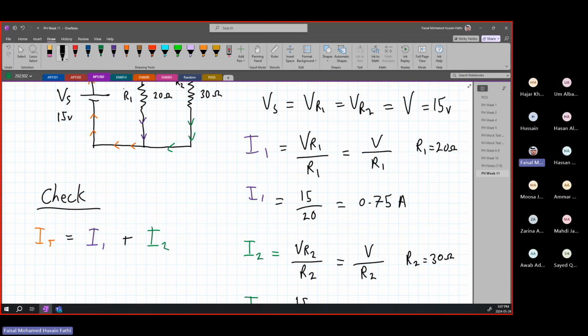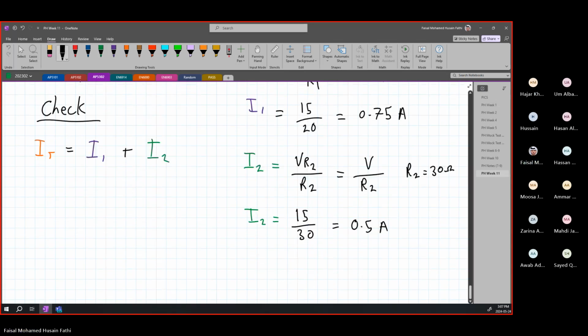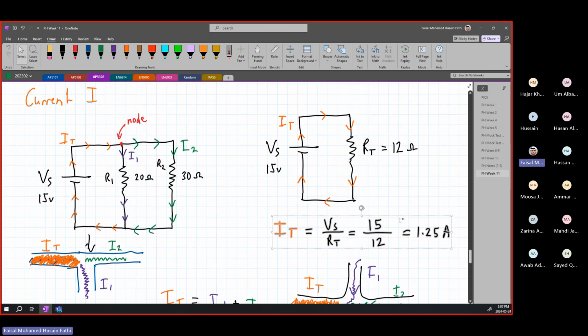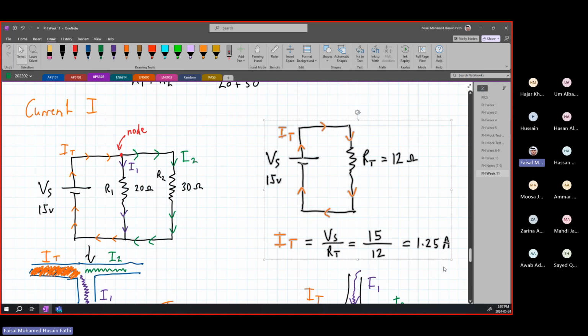If we check now, we know that I total is equal to 1.25 ampere. We found that earlier from using the total resistance circuit. When we did our V total and R total, we managed to find our I total, which was 1.25 ampere.